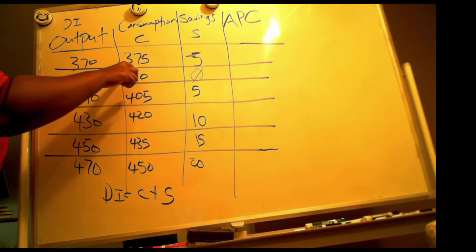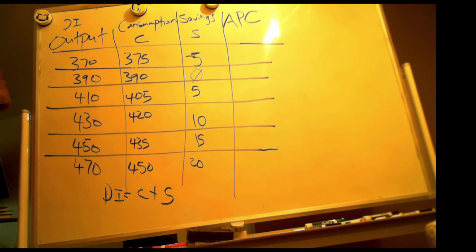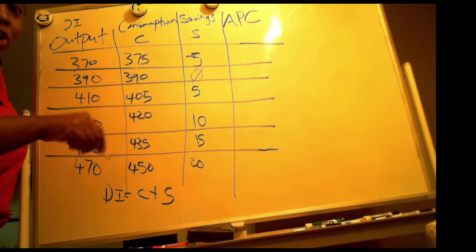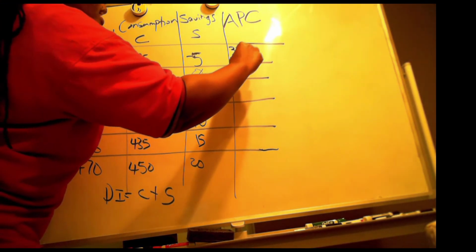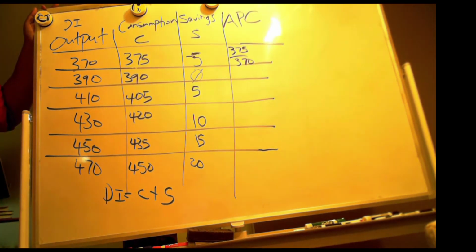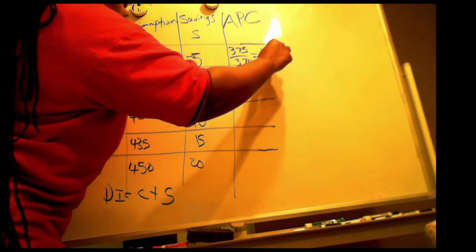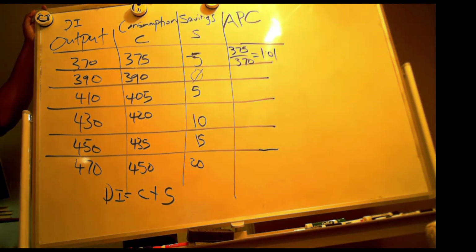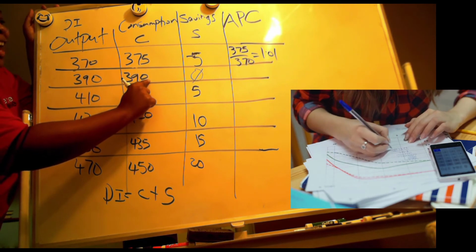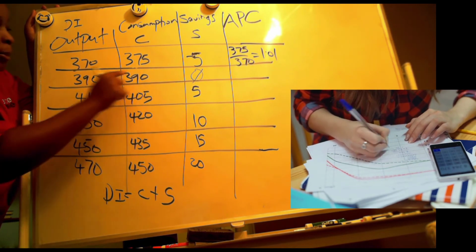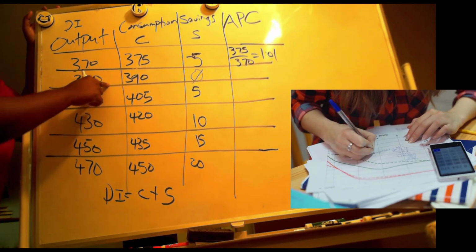So think of it this way. If I am consuming 375 and my income is 370, my APC, the share of the pie that's consumed, is 375 divided by 370. The share of your income that's consumed. We'll just do two decimal places: 1.01. Look at this one. You're consuming 390, but your income is 390. How much of your income are you consuming?